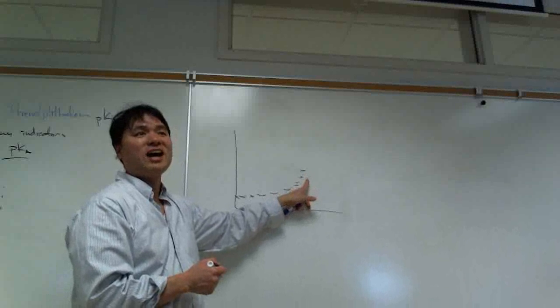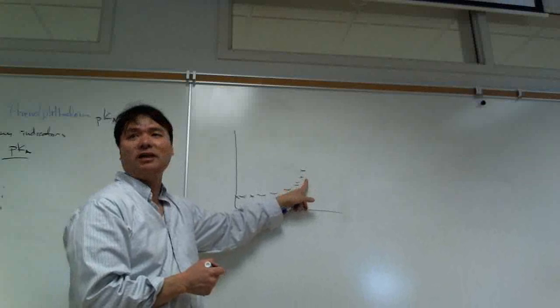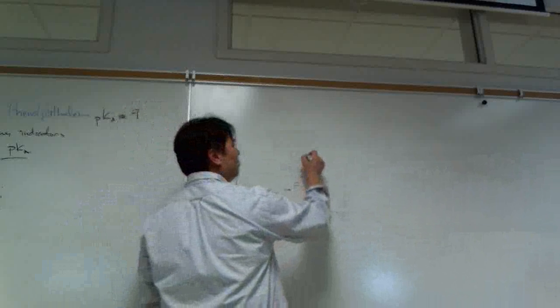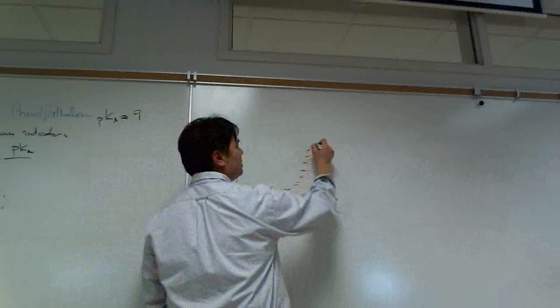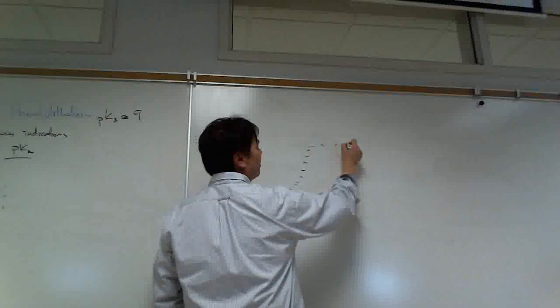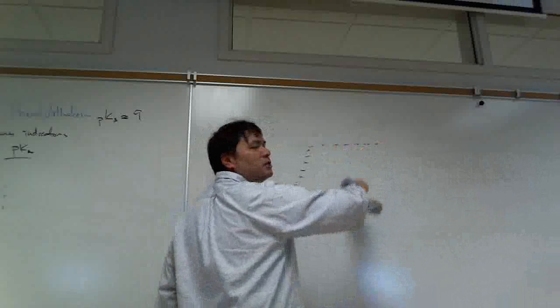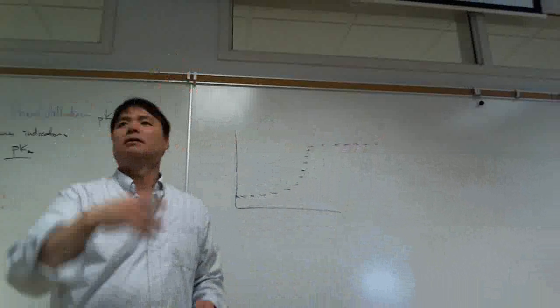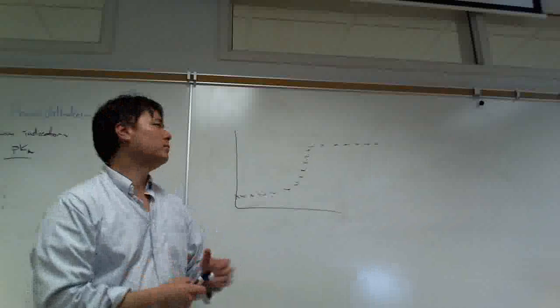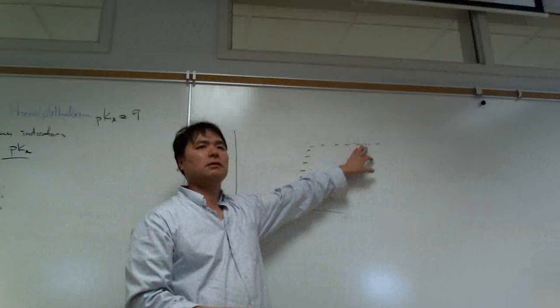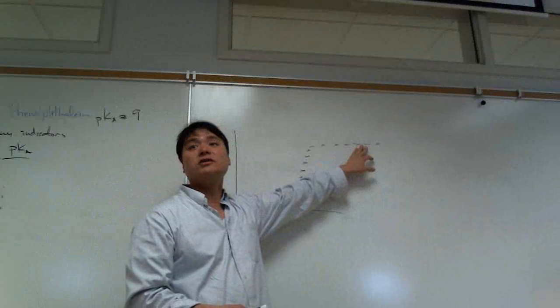We aren't stopping. We're going to keep going, because we want to see the rise in this, and then we want to see where it flattens out. When we're in the excess base part, we're going to keep going until the pH gets up to where? What are the pHs typical around here? This is just excess sodium hydroxide.